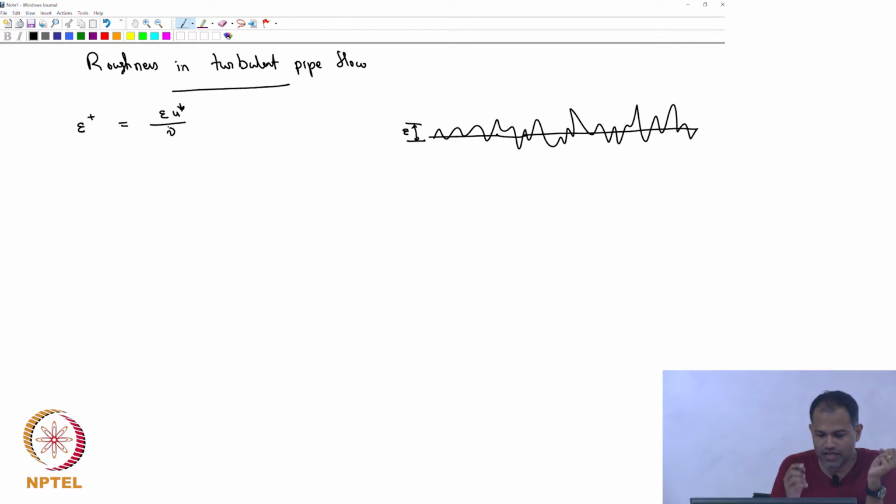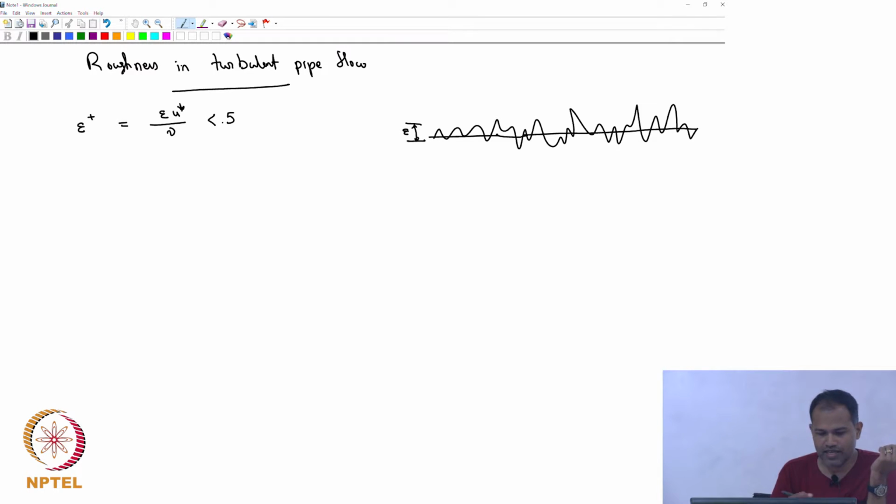So if epsilon plus is less than 5, what does that mean? That means the height of the roughness is going to be smaller than the height of the wall layer, or in other words the height of the wall layer is going to be bigger than the roughness. So the wall layer will not see the roughness, and therefore you can say that my pipe is actually smooth and I don't have to worry about the roughness.